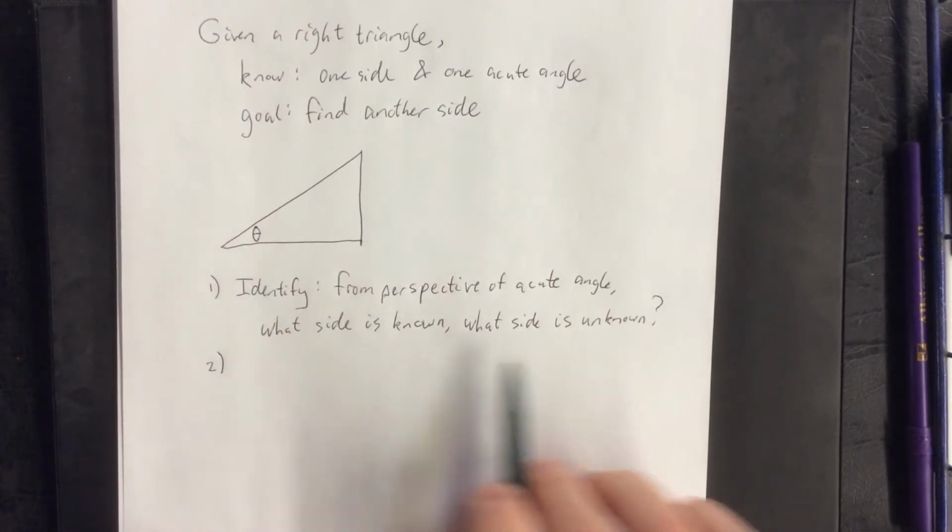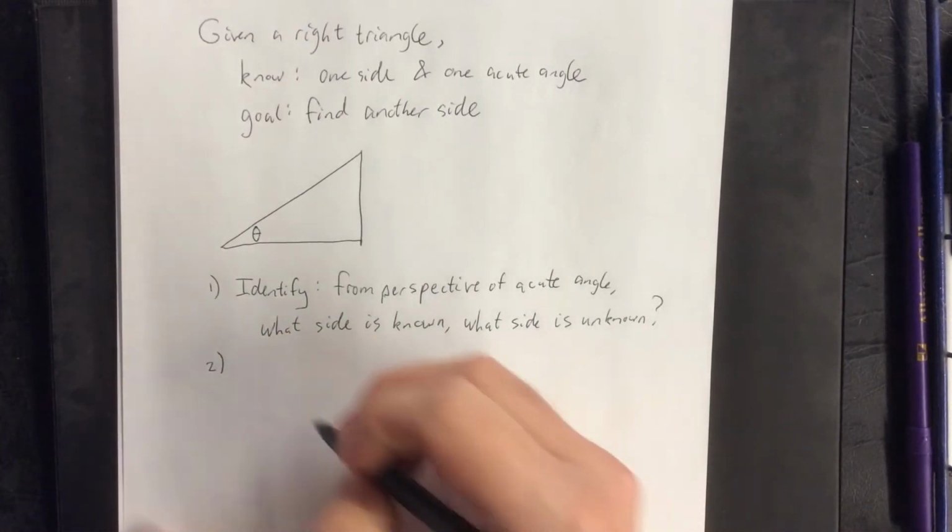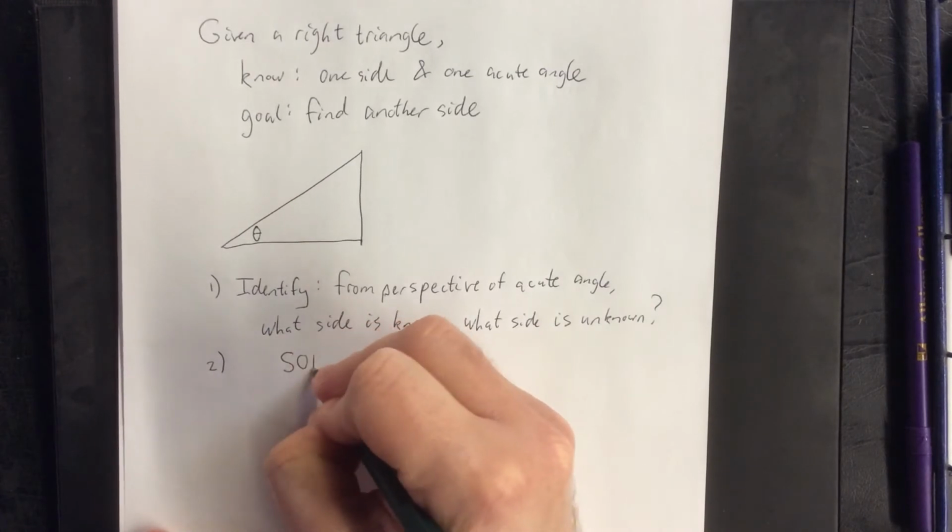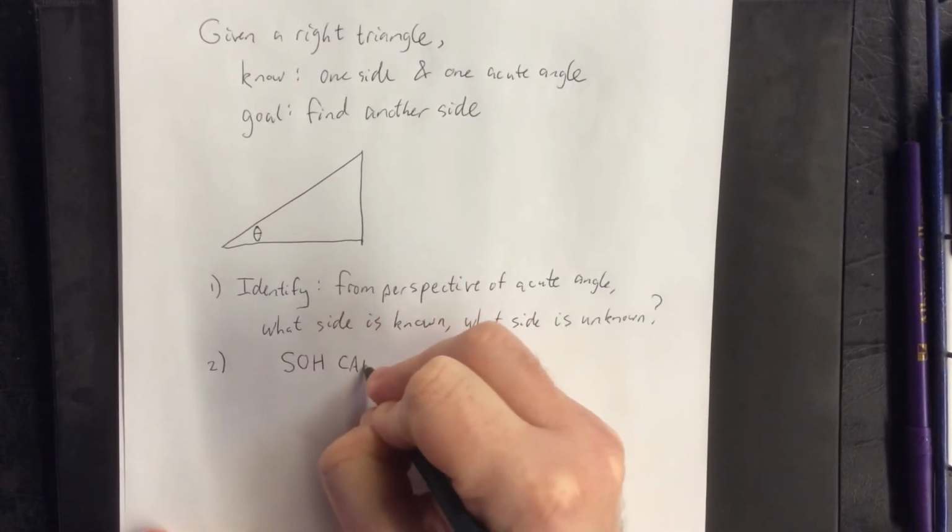Once you have the side that is known and the side that is unknown, it'll be up to you to use the appropriate trigonometric ratio to relate the two of them.